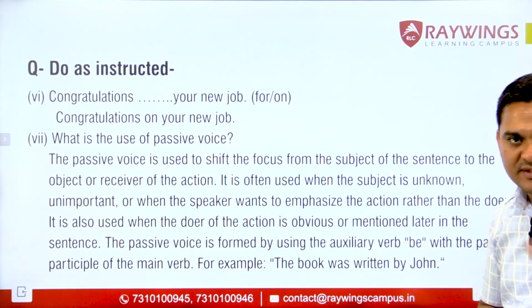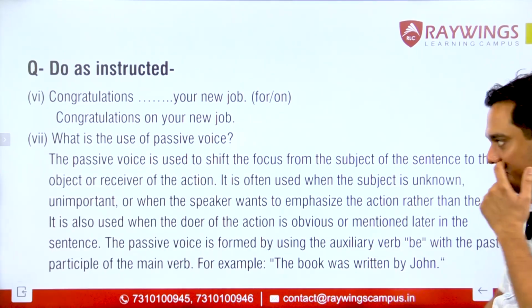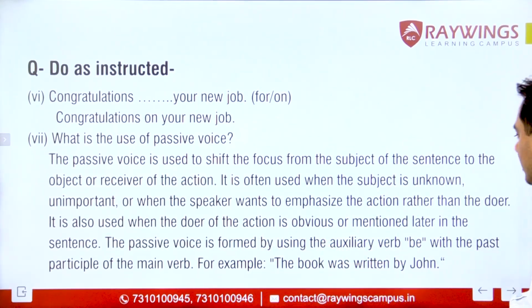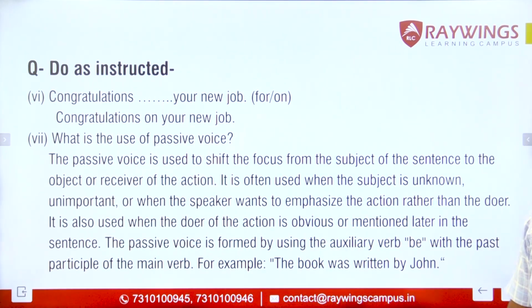So when you want to emphasize the action rather than who is doing the action, then we use the passive voice. The passive voice is formed by using the auxiliary verb be with the past participle of the main verb. So when be is combined with the past participle of the main verb, it forms a passive voice.